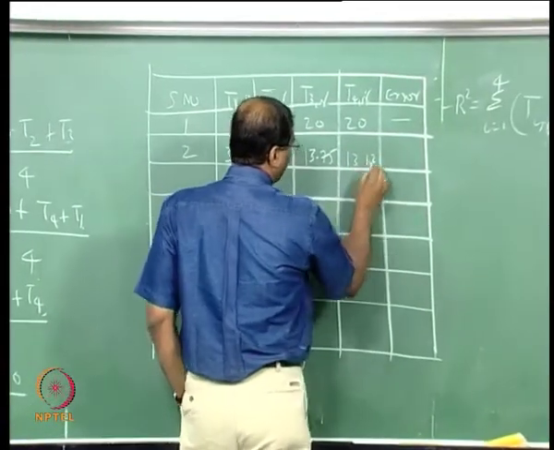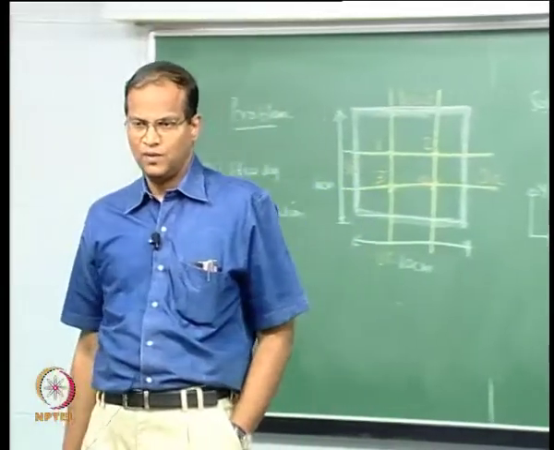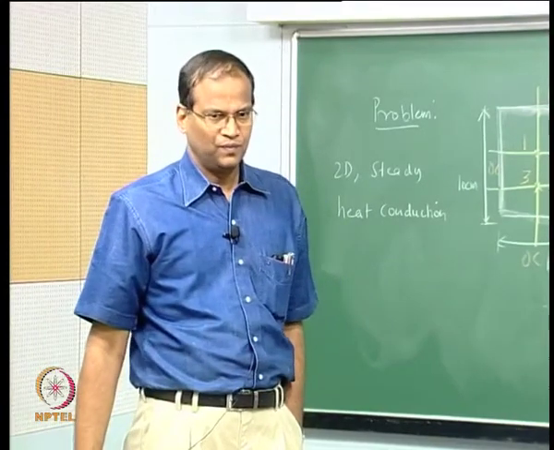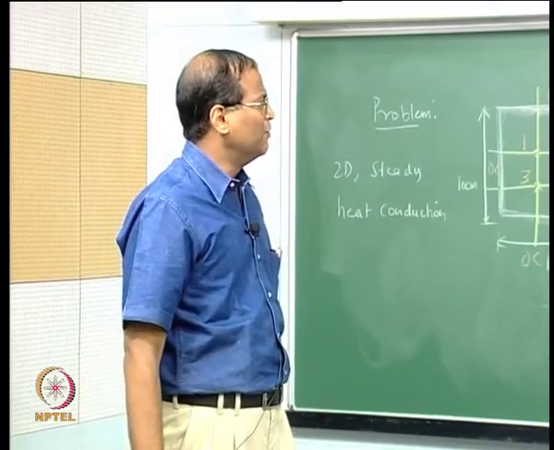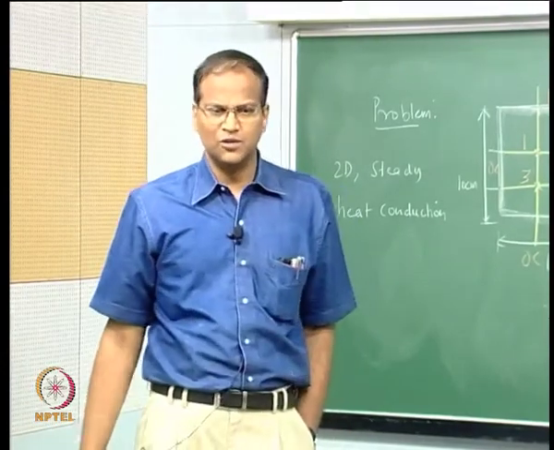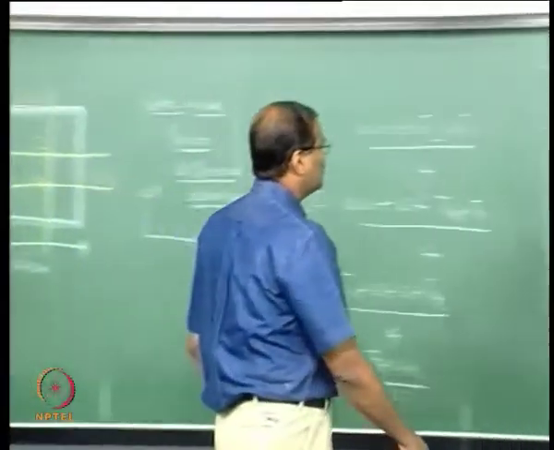For the error, you have to just take 35 minus 20 whole square plus 38.75 minus 20 whole square plus, and so on, which gives 662.9, so 662 or 663.